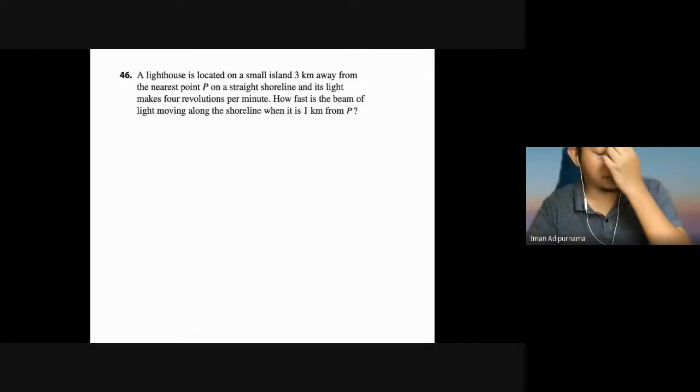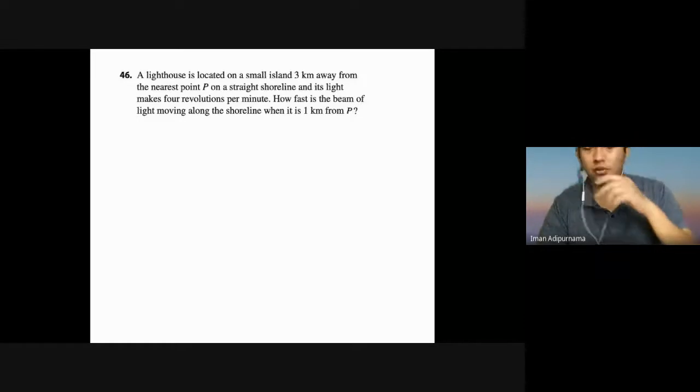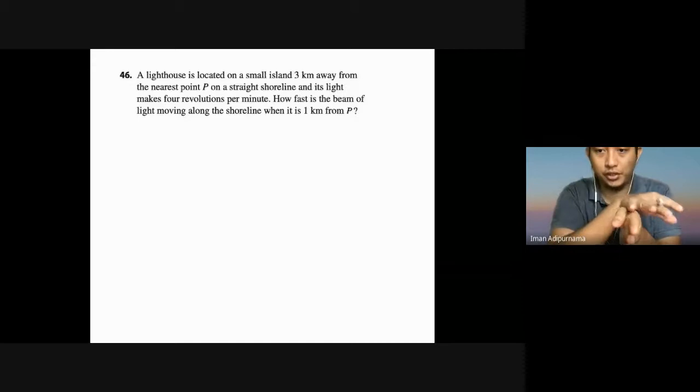A lighthouse is located on a small island 3 kilometers away from the nearest point P on a straight shoreline. So you have a lighthouse, the distance is 3 kilometers from the P. The shoreline is like the beach, the border between the beach and the sea.